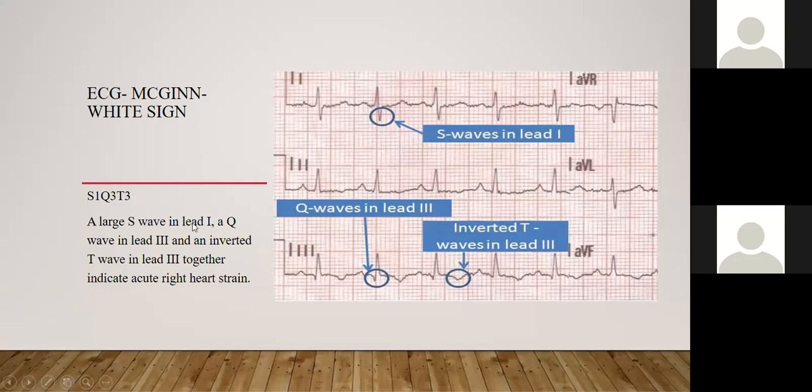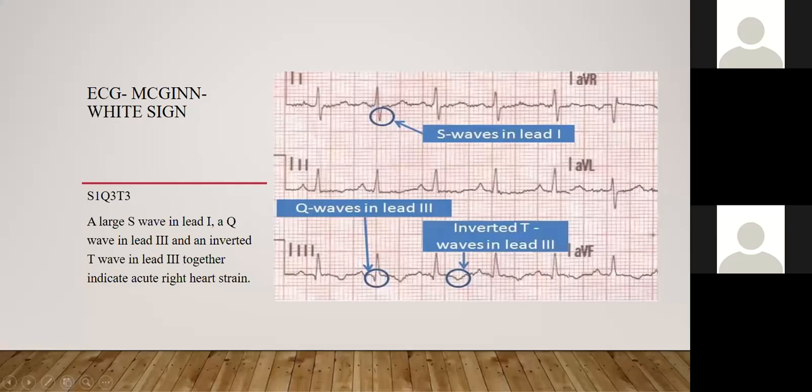But here, as I said, a big S wave in lead 1, you come to lead 3, and then you find a big, distinct Q wave, and then a T wave, which is supposed to be looking like this, tends to be inverted. And that's what is usually known as the S1 Q3 T3 sign. Okay, the S1 Q3 T3 sign.